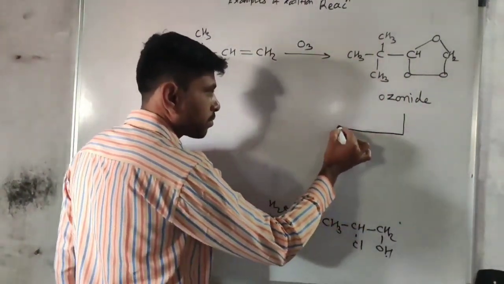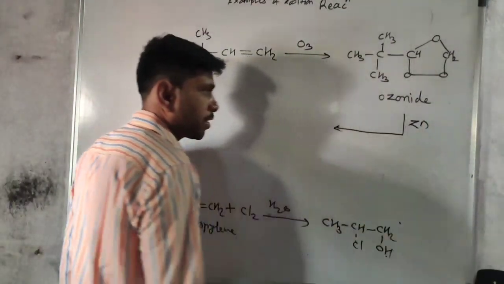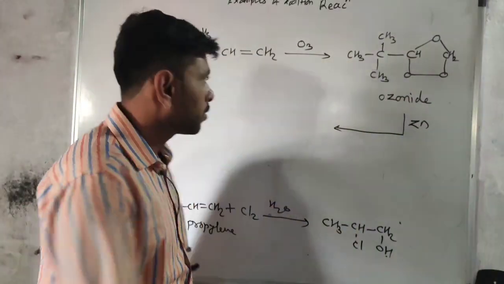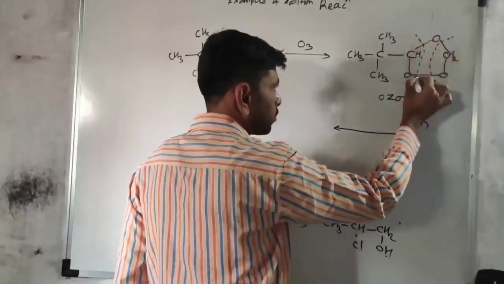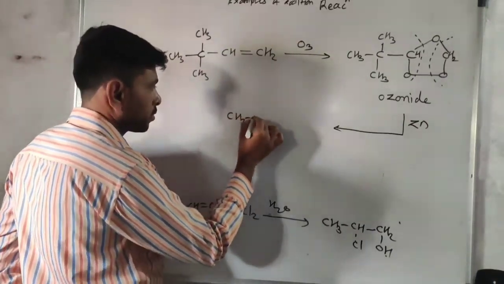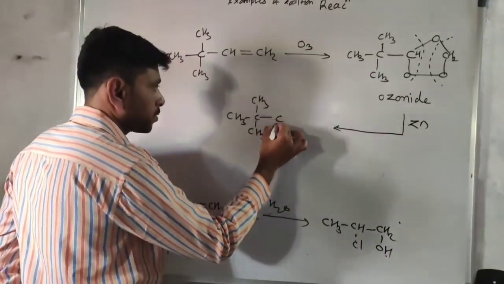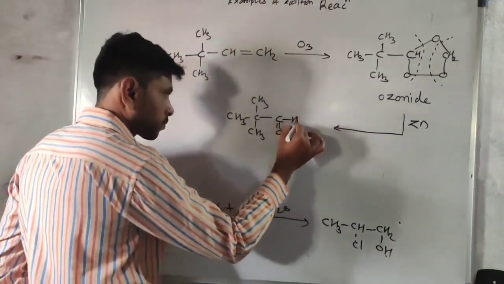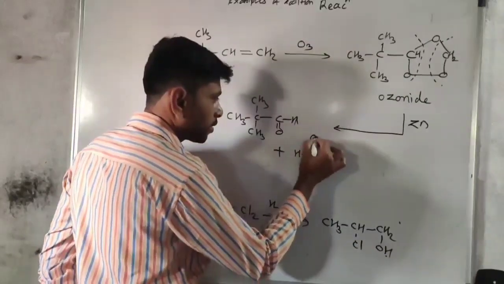Now this ozonoid, when broken by using a reagent such as zinc, then we get removal of these groups and we obtain CH3, C double bond O, H. We obtain here an aldehyde plus here another, formaldehyde, obtained here.